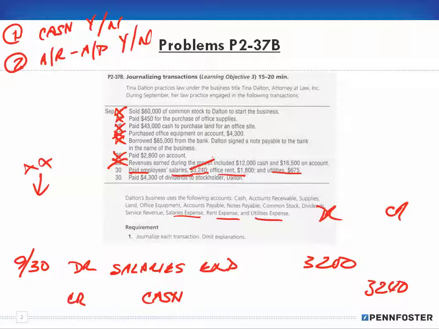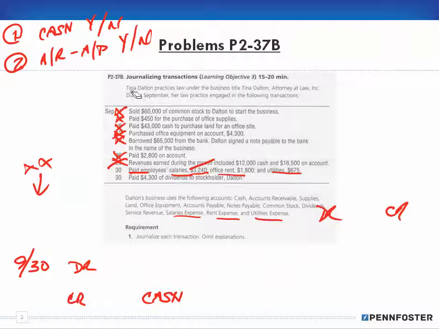Then I could go and make a second journal entry. I'm paying office rent for $1,800, so my cash is going to decrease by $1,800, and that's for rent expense of $1,800, and that's a second journal entry that I could make.